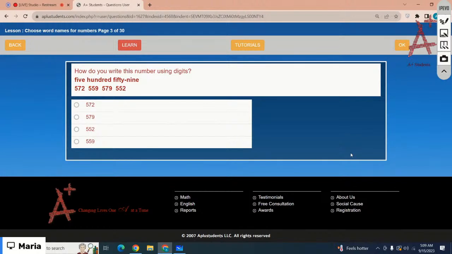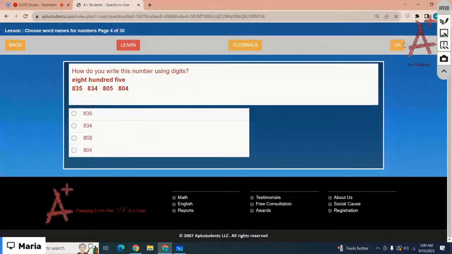How do you write 559? The correct option is, yes, that would be the second option. Sorry, the last option, 559. Yes, very good.